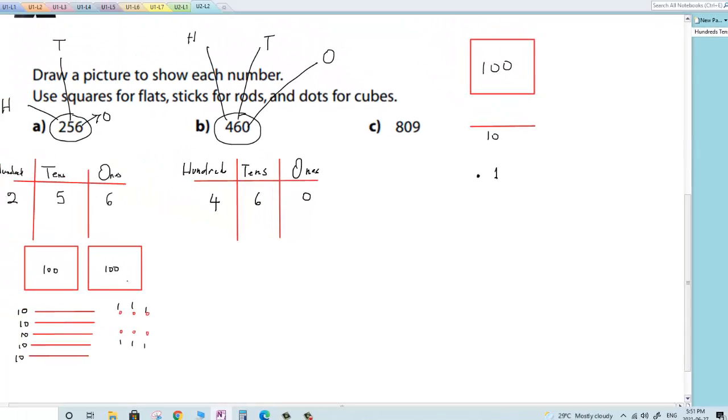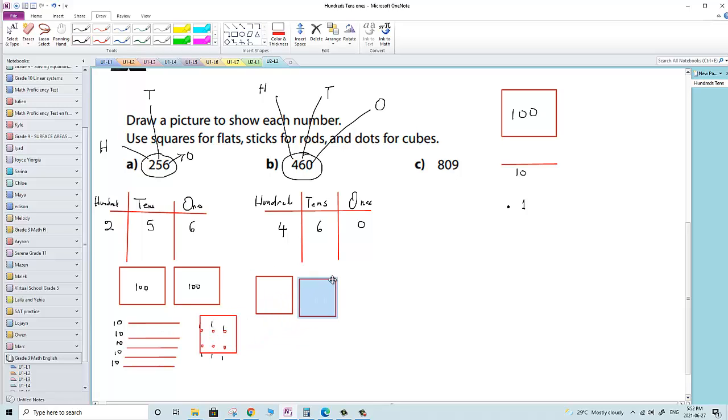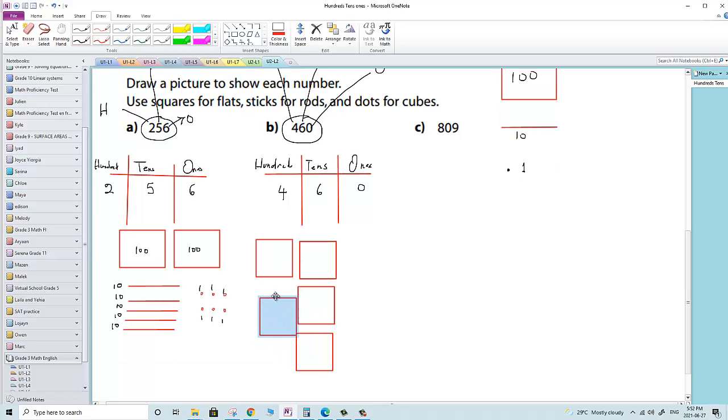How many hundreds? I have 4. So if I want to draw the 400, I can create a square, paste it this way, drag it, and repeat this 4 times. Each one represents 100, so that means 400.